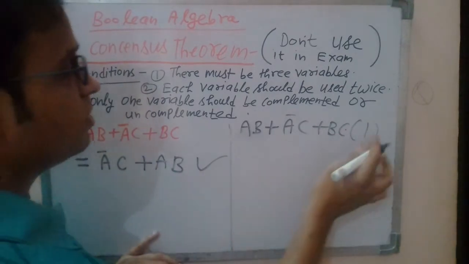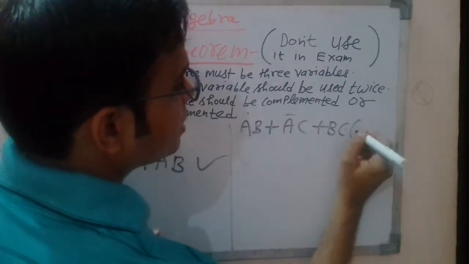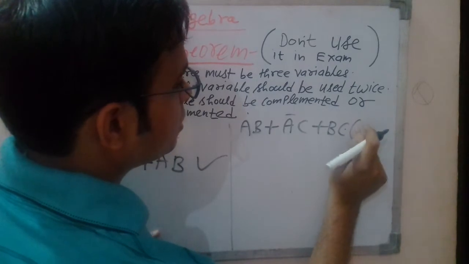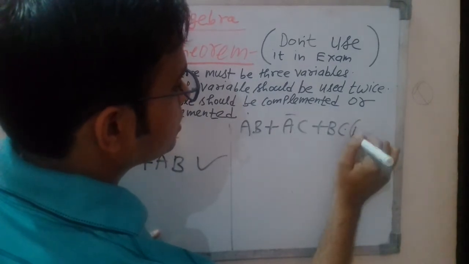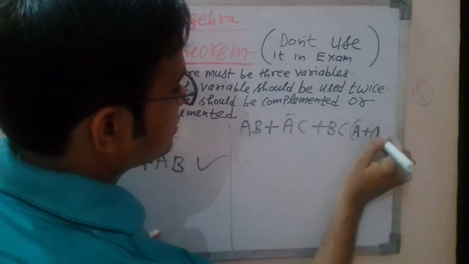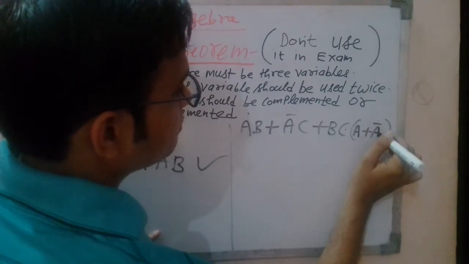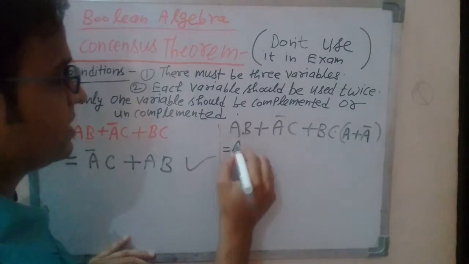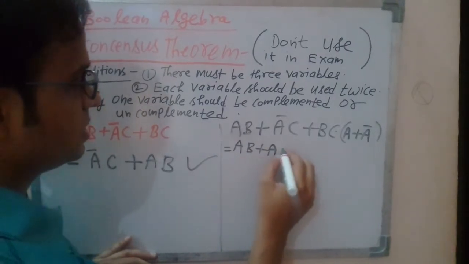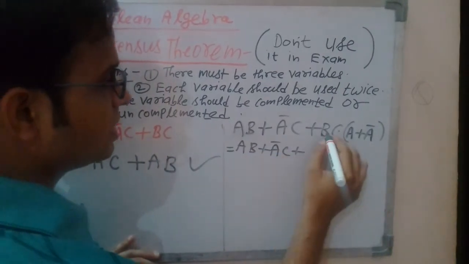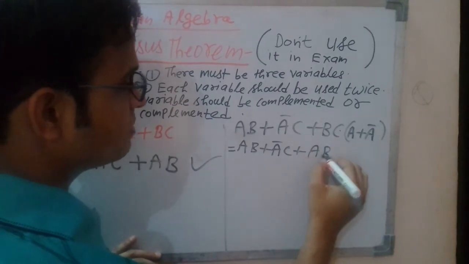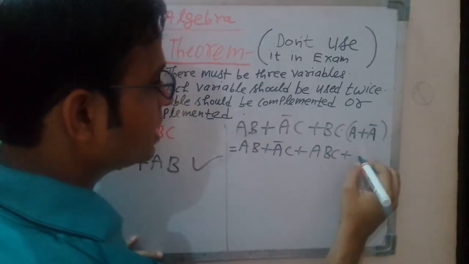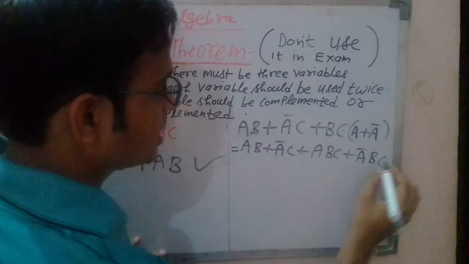Now in place of 1, I can write A plus A bar. I told you this, just watch my first lecture of Boolean algebra. Now multiply this. AB plus A bar C plus ABC plus A bar BC.